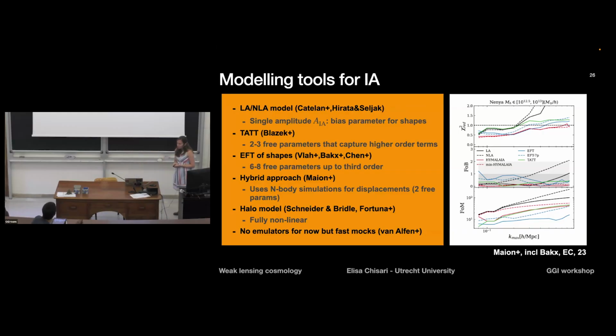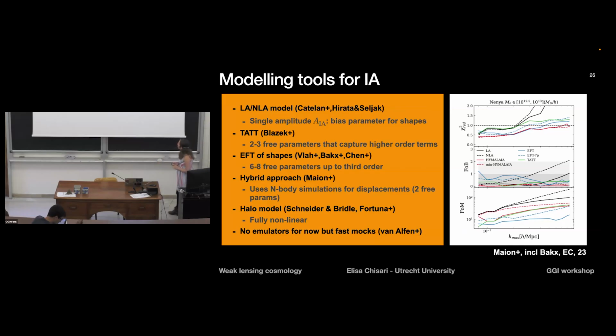And that also gives you a very good handle on alignments, with 2 free parameters only. If you want to go fully nonlinear, then your only option really is the halo model. There are fast mocks as well, but there are no emulators for now, as far as I know. But this is something that the field is slowly moving into.